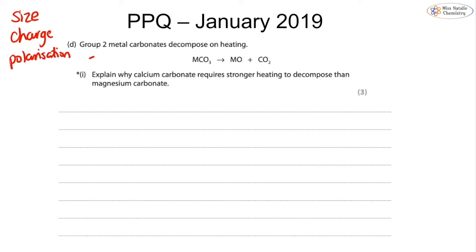These are the key things that we want to be thinking about. So if I've got calcium carbonate, CaCO3, and magnesium carbonate, MgCO3, both of them are 2 plus. So we know that they're not going to really be affected by the charge. So this time it must be the size.